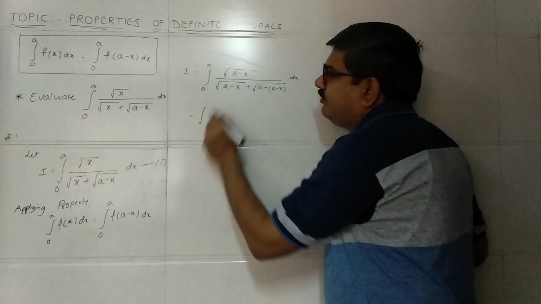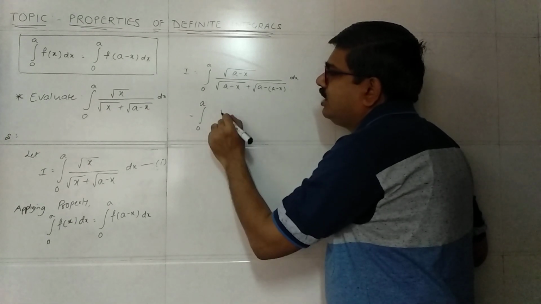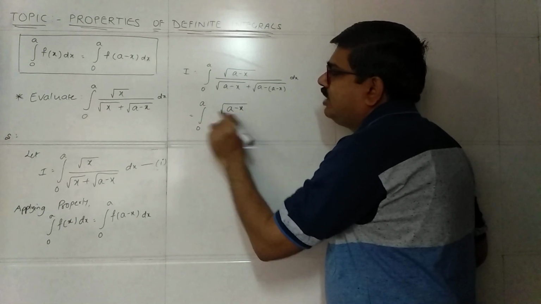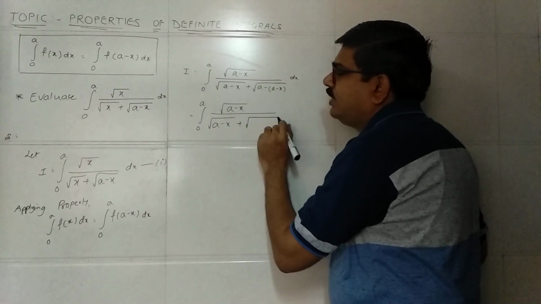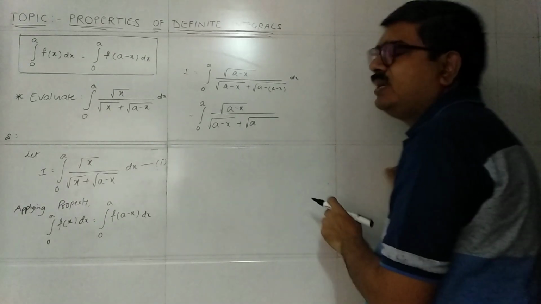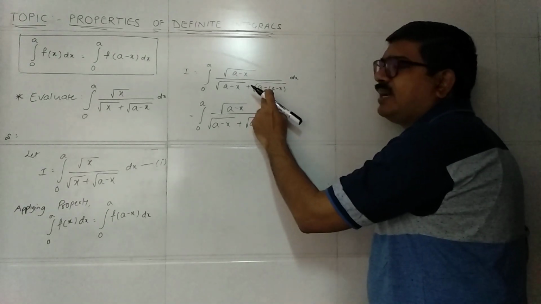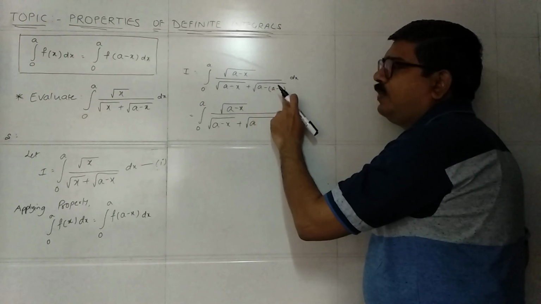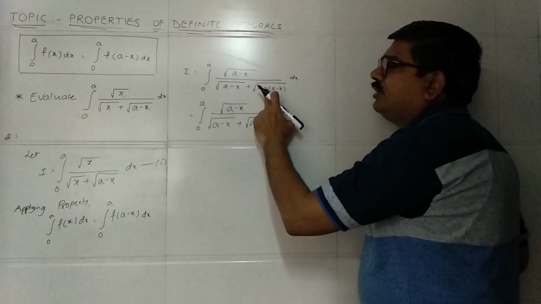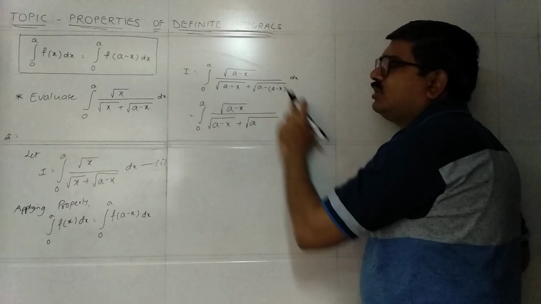Don't forget putting brackets. Okay, now we will simplify this. Integral 0 to a square root of a minus x upon square root of a minus x plus square root of a minus, open bracket, a minus x. Here there is a minus sign, so when you open these brackets, the sign of both the terms will change.